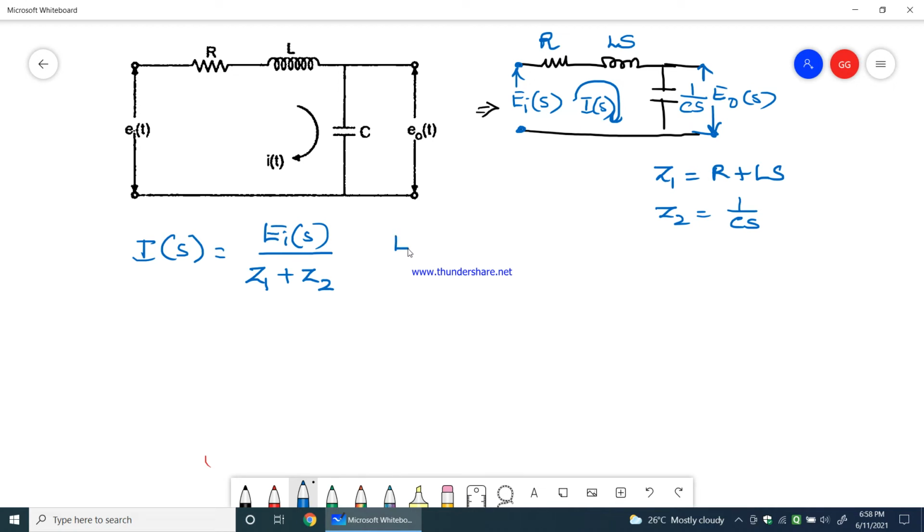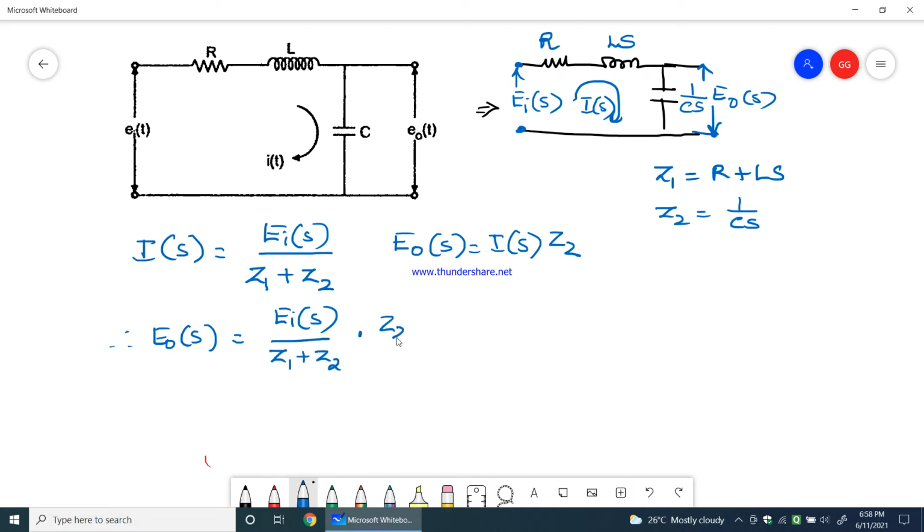Now what is the equation for E out of S? That would be equal to I of S into Z2. Therefore E out of S equals I of S, which is E in of S by Z1 plus Z2, multiplied by Z2.